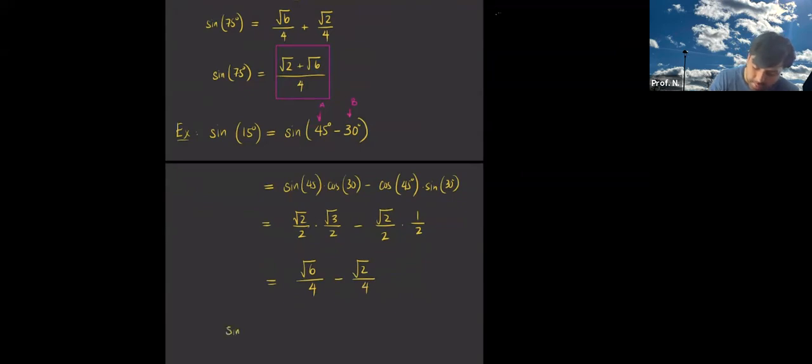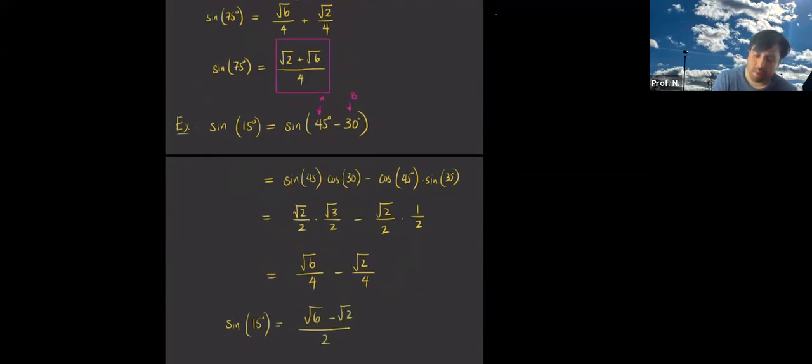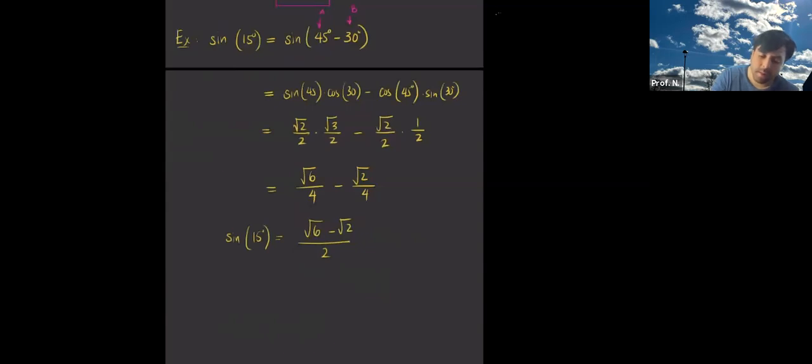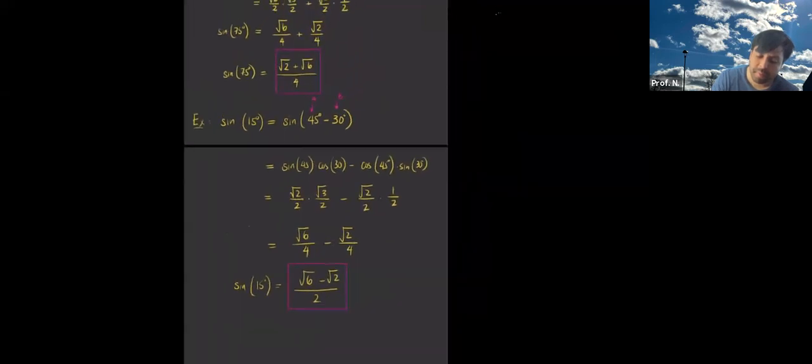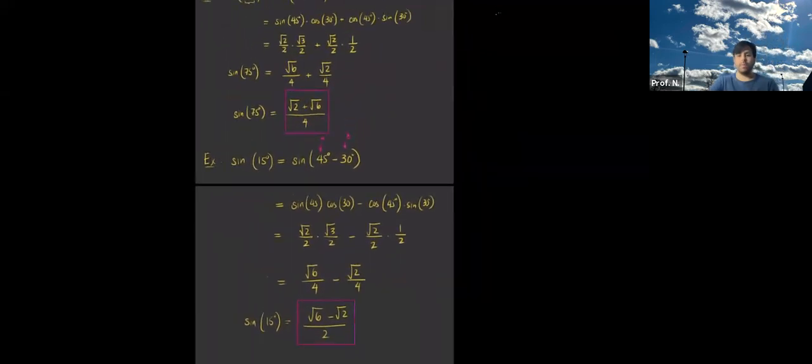So sine of 15 degrees equals rad 6 minus rad 2 over 4. Everybody with me on this? This is the exact value.